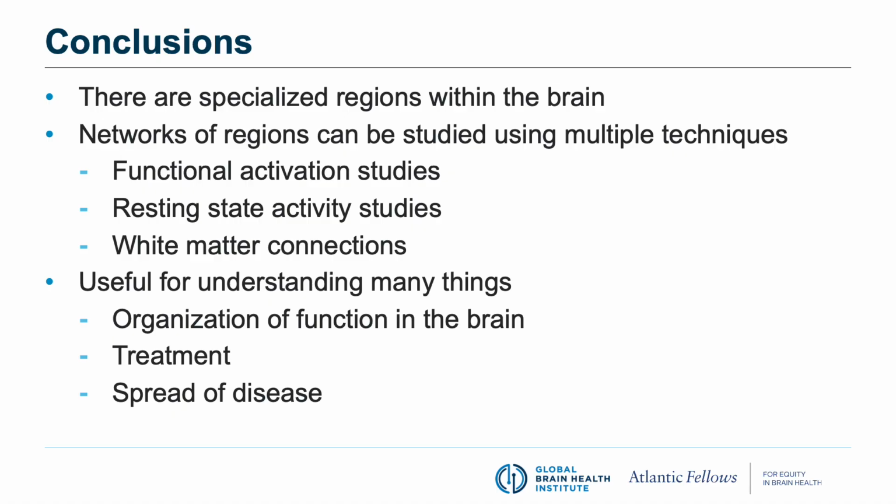And that can be useful for various purposes, including studying the organization of the brain, thinking about how the networks might be capitalized on, or understanding networks for treatment. And we'll talk more about that in the live session, and that they're a potential basis for understanding the spread of disease through the brain.